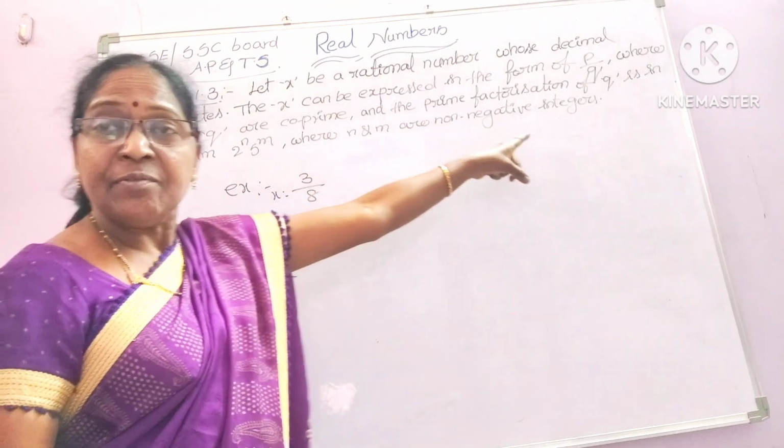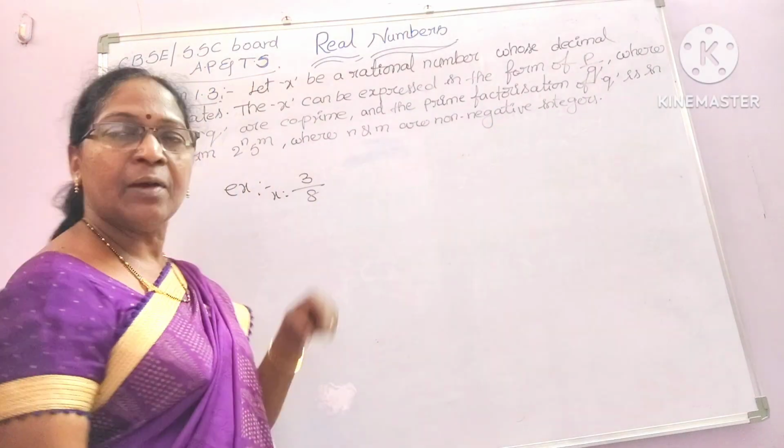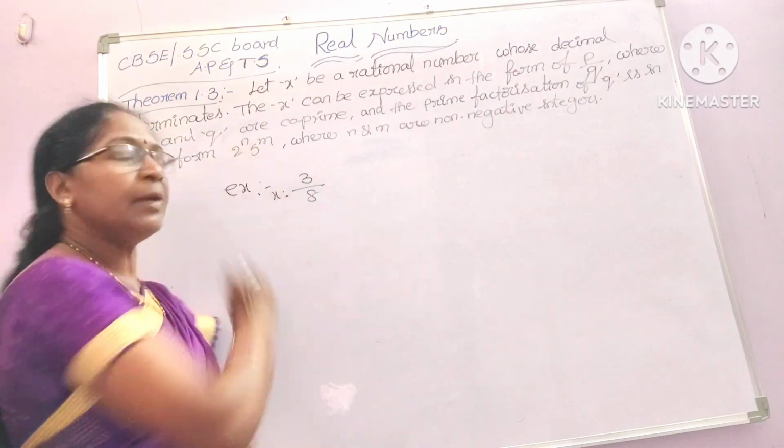And the prime factorization of q, the denominator, is in the form of 2 power n and 5 power m.